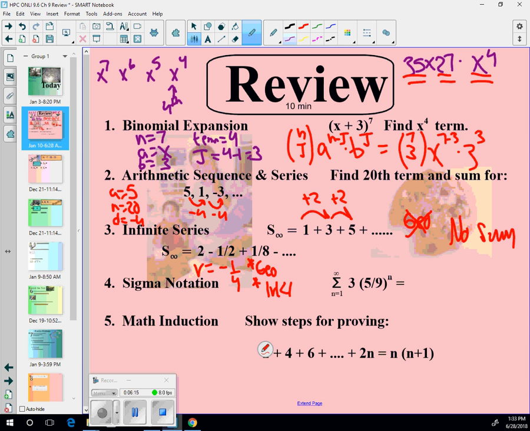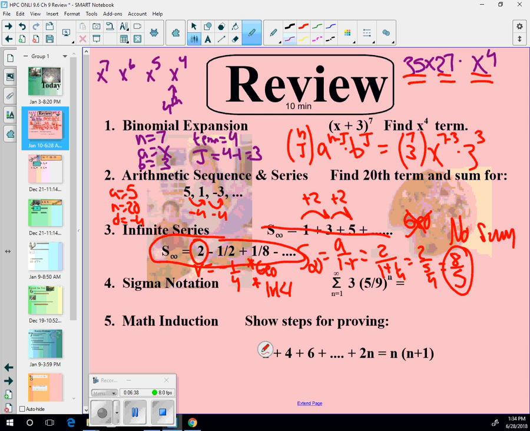This one will work out fine, sum to infinity, a over 1 minus r. A is the first term, 2, r is negative 1/4. So it's 2 over 5/4, which is 8/5. That's the sum as this guy goes to infinity, not this.